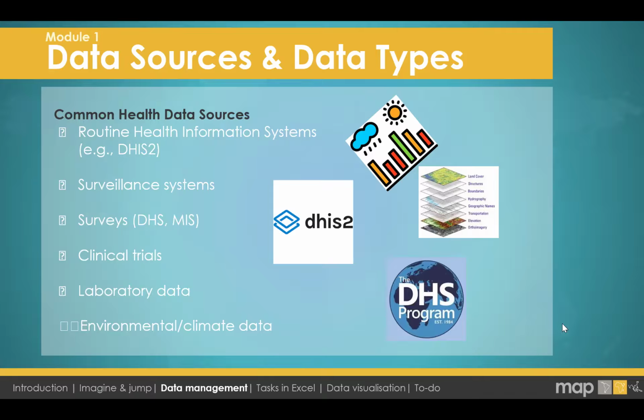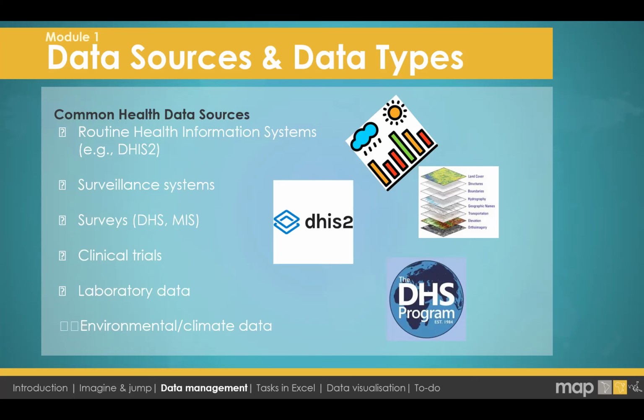Thank you very much. So let's dive into the data sources and data types. We know that in public health research, data comes from a variety of sources, and these sources have their strengths, limitations, and levels of reliability. Some of them, such as the DHIS2 and the DHS clinical trial, are just some of the available health data sources.